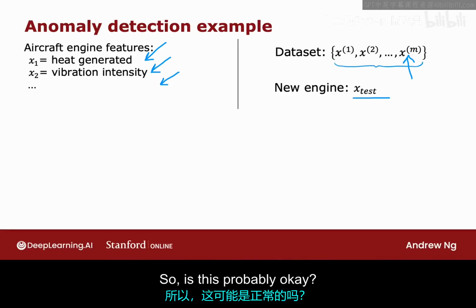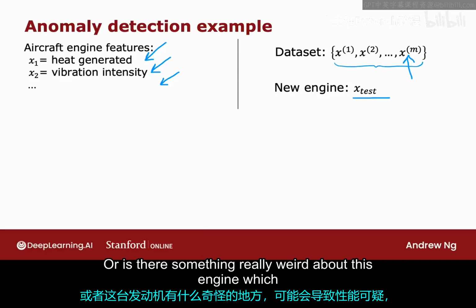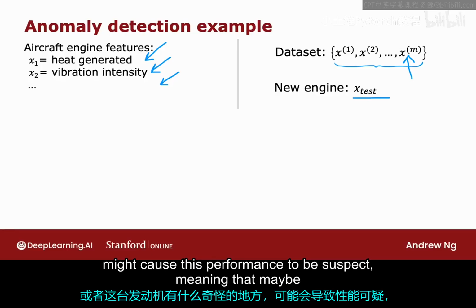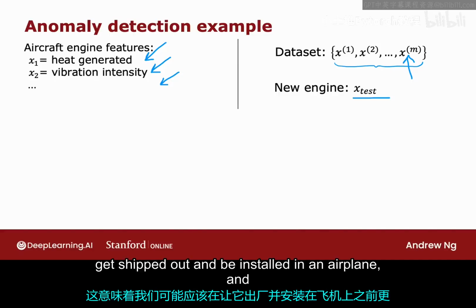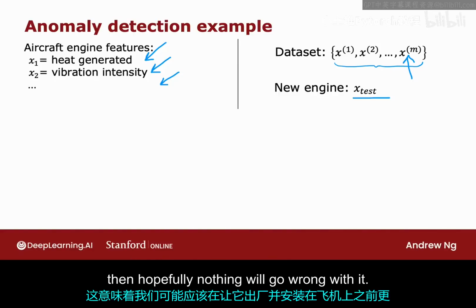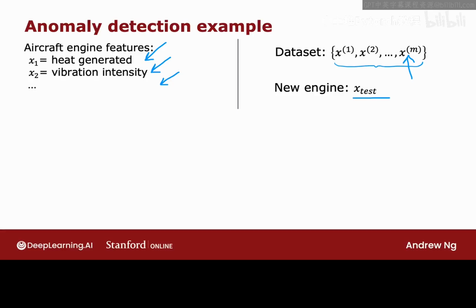So is this probably okay? Or is there something really weird about this engine which might cause its performance to be suspect, meaning that maybe we should inspect it even more carefully before we let it get shipped out and be installed in an airplane, and then hopefully nothing will go wrong with it.